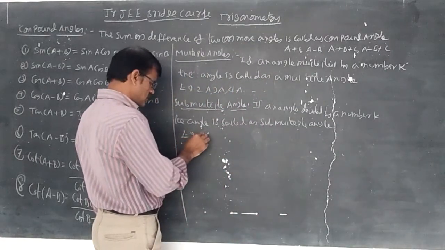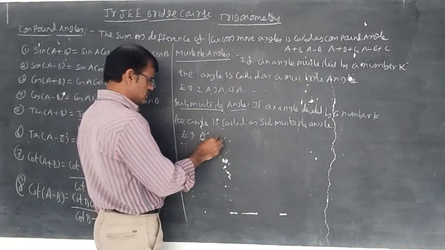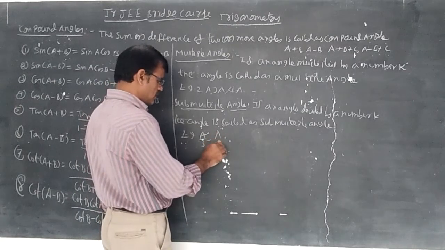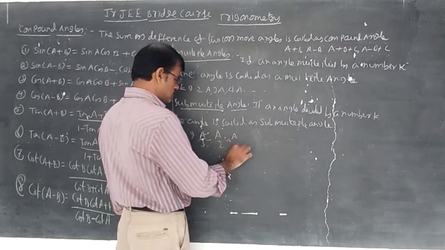For example, a by 3, a by 2, a by 4, like this.